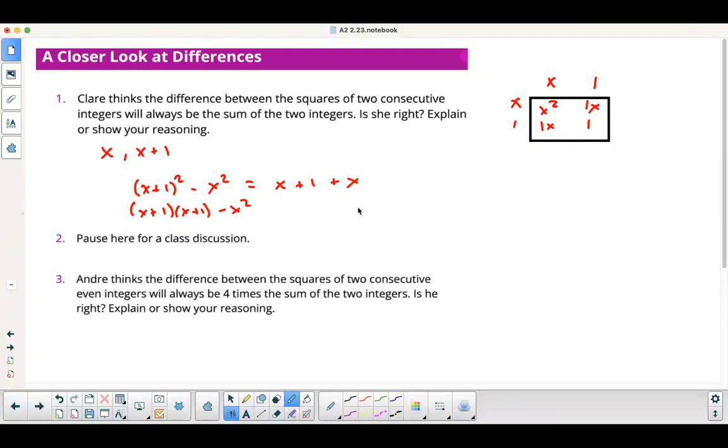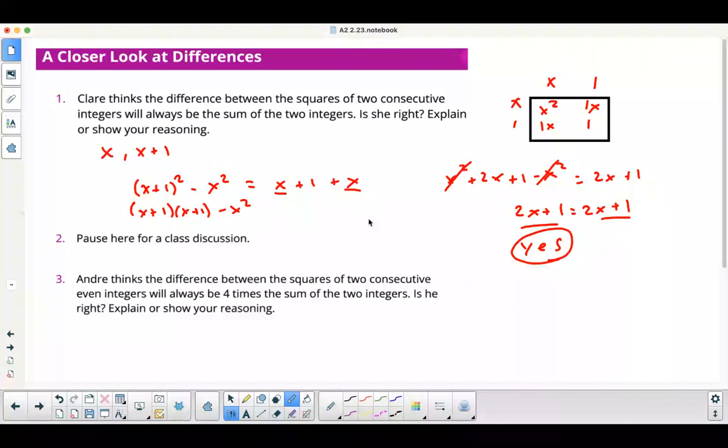This will be x squared plus 2x plus 1 minus x squared equals 2x plus 1 on the right, because these are like terms, I can combine those. And then these cancel, so now we get 2x plus 1 equals 2x plus 1. Since these are equal, your answer is yes, we did a proof. We proved it.